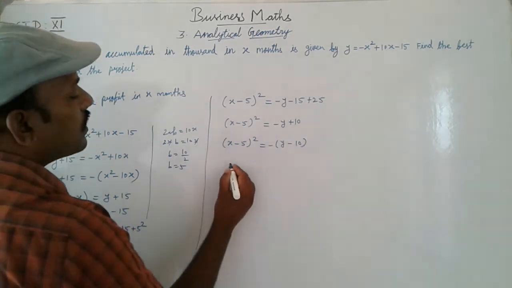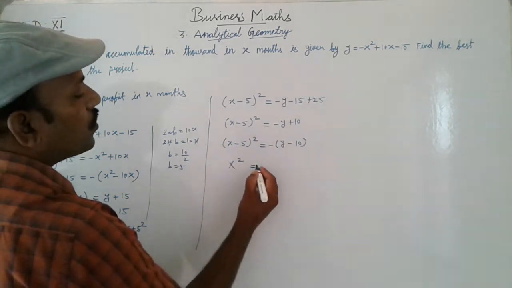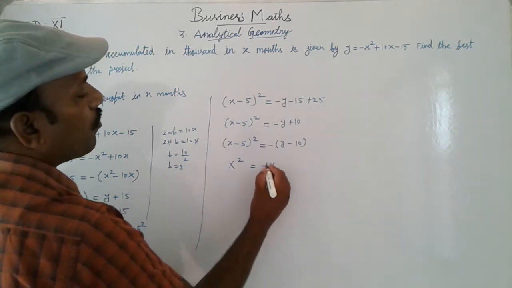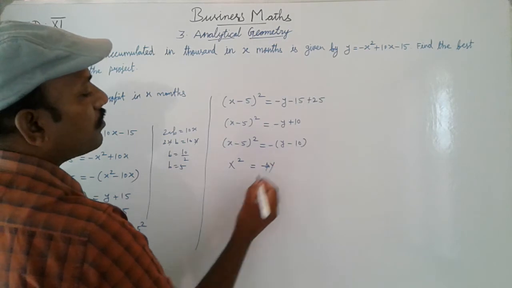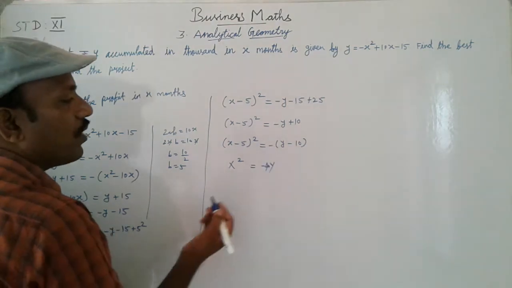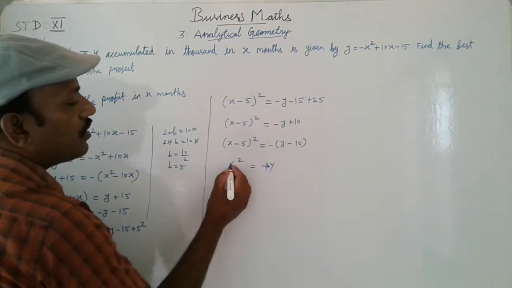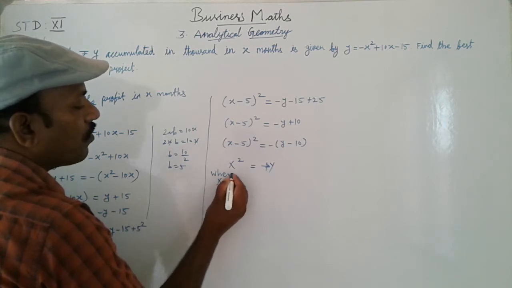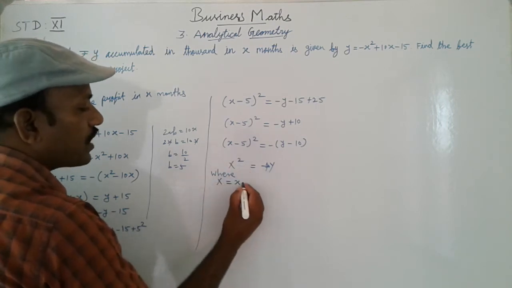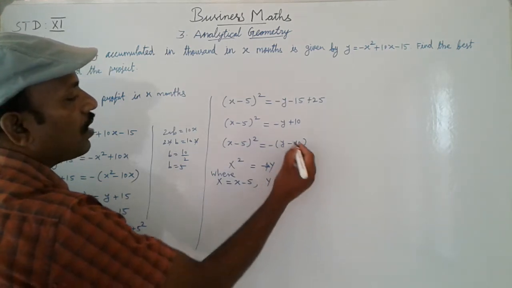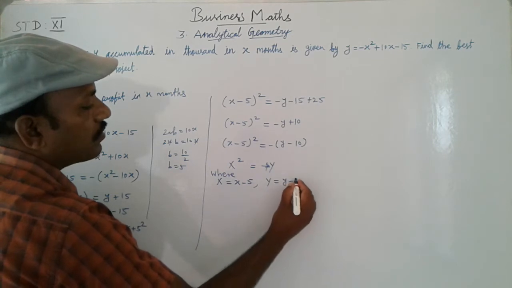So this format is capital X square equal to minus 4aY form. Here 4a is 1. Capital X equal to x minus 5, and capital Y equal to y minus 10.